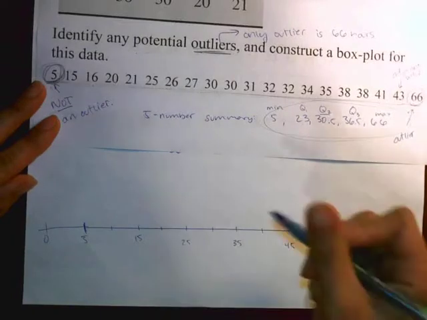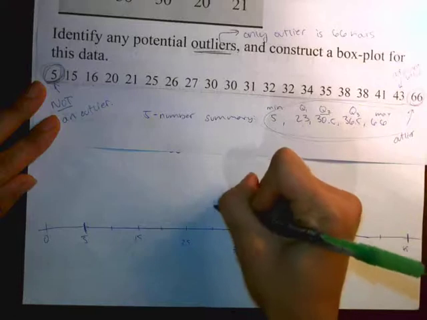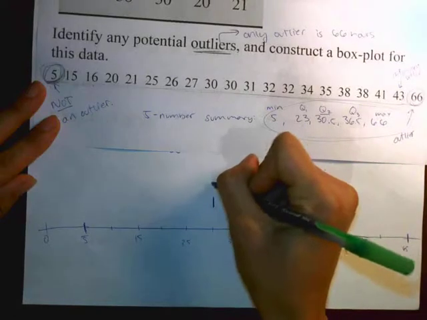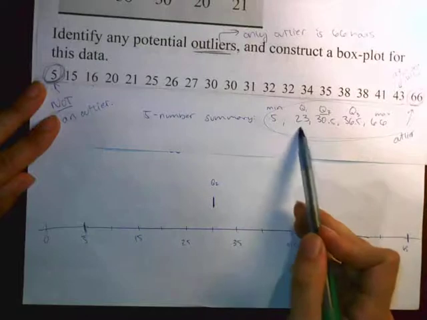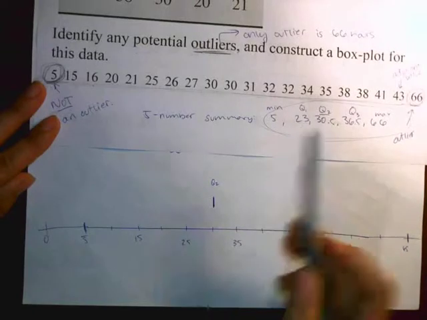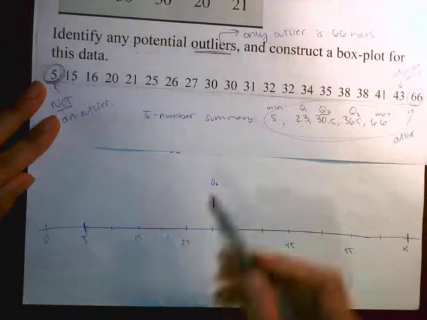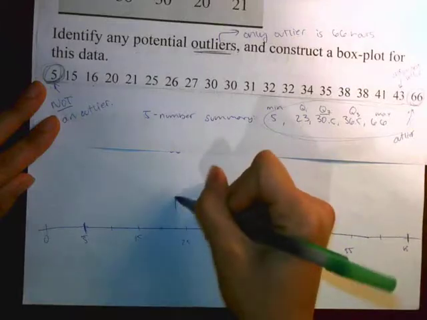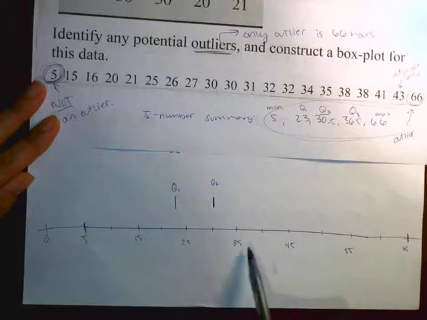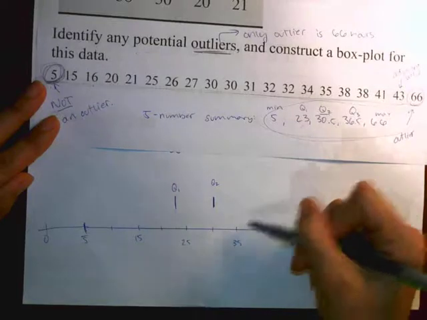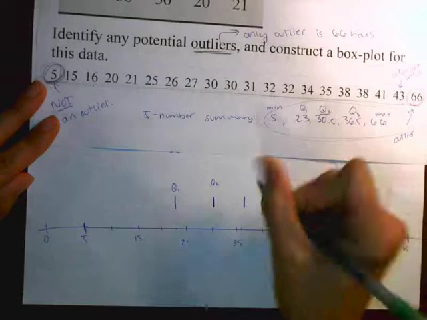So our median, that's 30.5. So let's put something right here at the location of Q2. Our first quartile, the 25th percentile, that's 23. So here's 20, 22, 23, that's about there. There's Q1. And our third quartile is 36.5. That's about here.